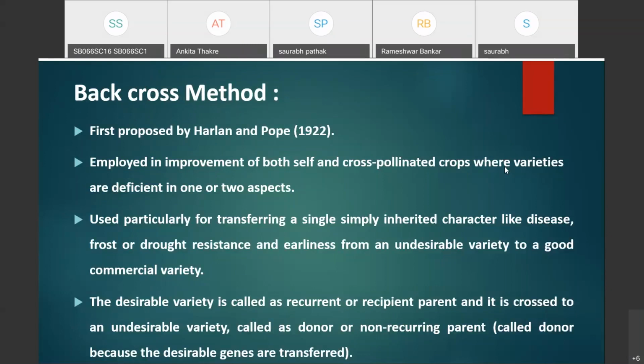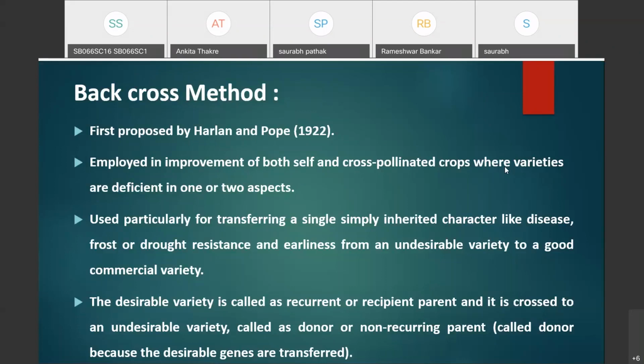The backcross method is entirely different from the pedigree method and the bulk method. It can be employed in the improvement of both self and cross-pollinated crops, where the varieties are deficient in one or two aspects or characters.